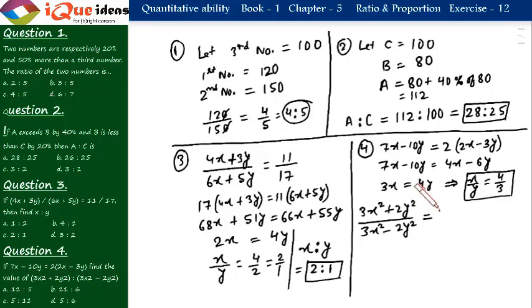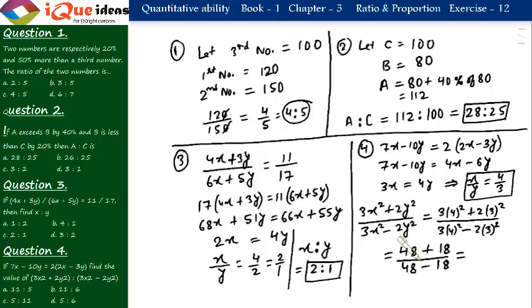So we have 3 into 4 square plus 2 into 3 square divided by 3 into 4 square minus 2 into 3 square, and calculate this value. So we have 16 into 3, that is 48, plus 9 into 2, that is 18, divided by 3 into 16, that is 48, minus 2 into 9, that is 18.